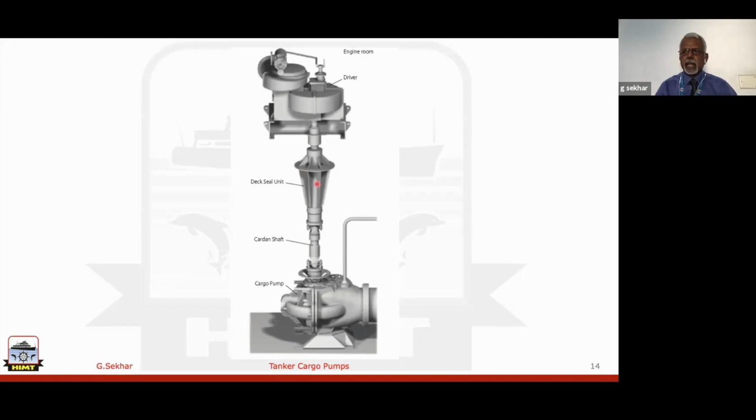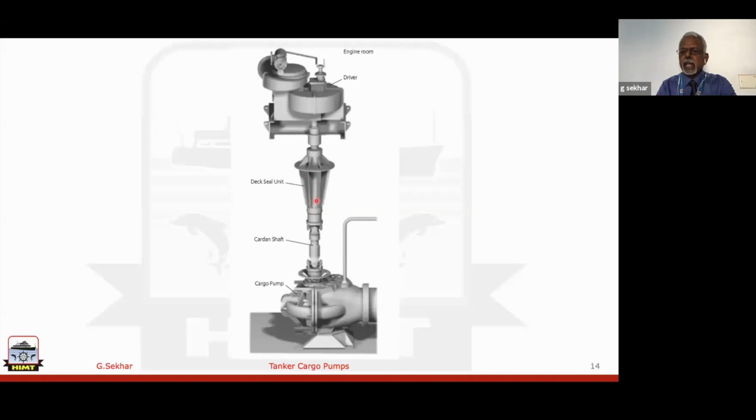The bulkhead seal needs to have integrity, because always, as we are aware, in tankers, the atmosphere in the pump room has to be at a pressure slightly less than atmospheric pressure, whereas in the engine room, it needs to be slightly above atmospheric pressure. Because of this sealing unit, the bulkhead seal, the integrity is very important.